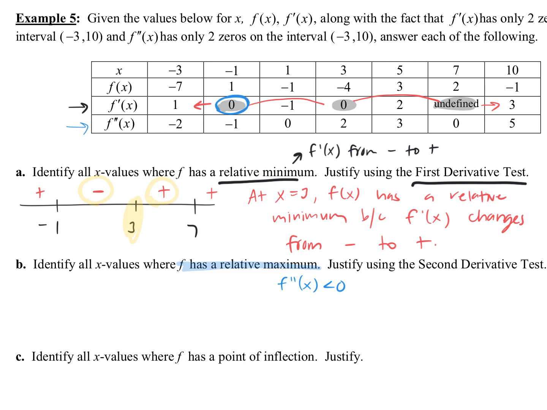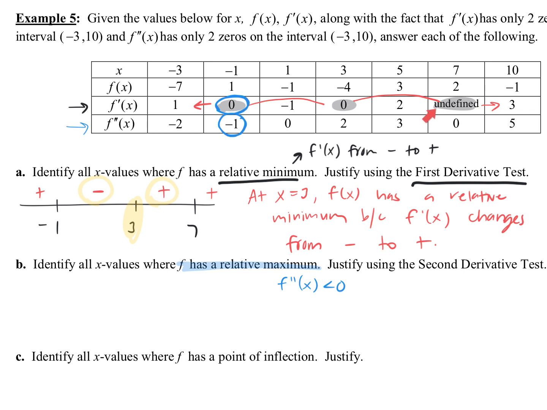Because that's what the relative minimum, relative maximum says. Our f prime of x has to be 0 or undefined. So let me restate this. The first derivative is 0 at -1, 3, and 7, right? That's like the first condition.